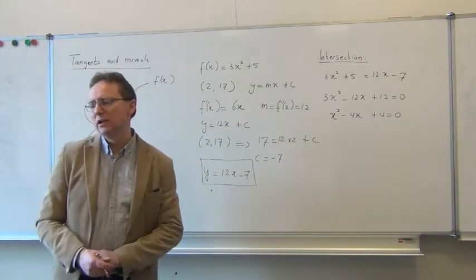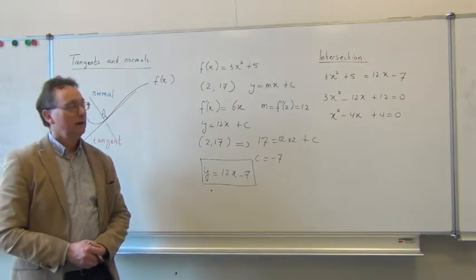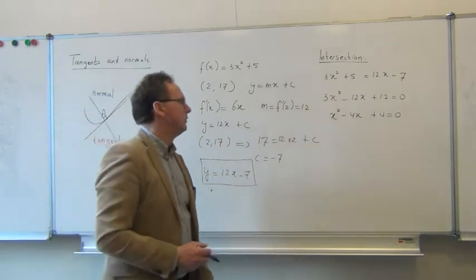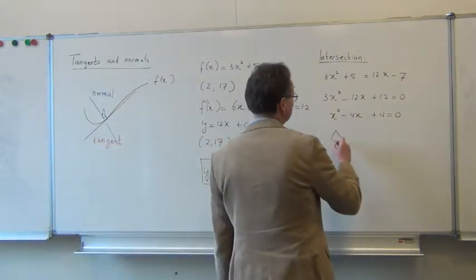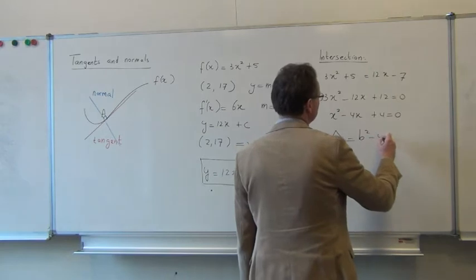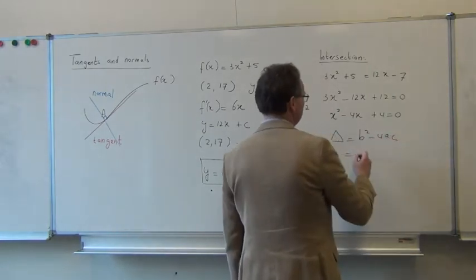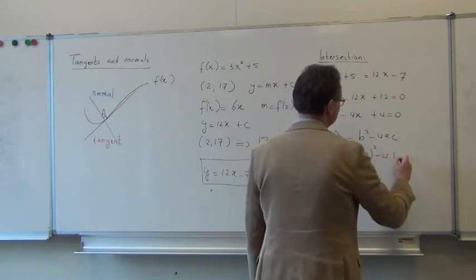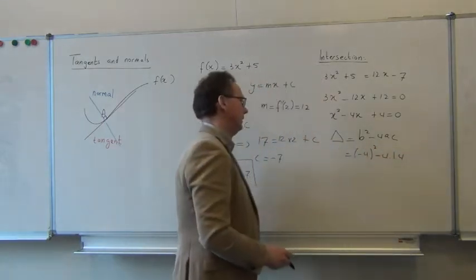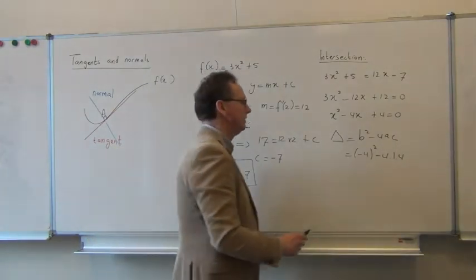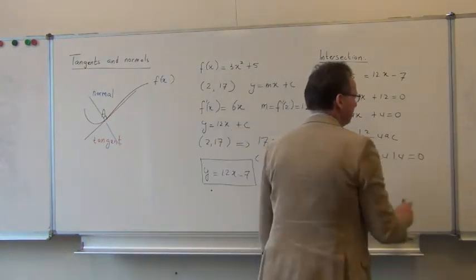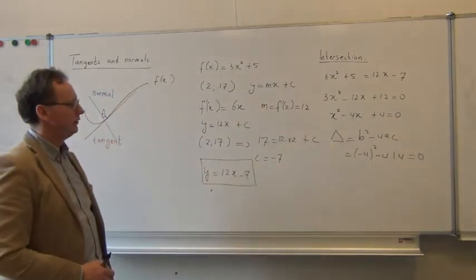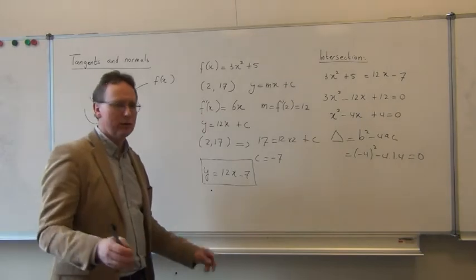So to find the number of solutions here, we can look at the discriminant, because that's the method that we learned. So if you write down the discriminant here, b squared minus 4ac, there will be (minus 4) squared minus 4 times 1 times 4, 16 minus 16, which is 0. So therefore we would say it's one solution, or the official phrasing can be something like 2 equal real roots.